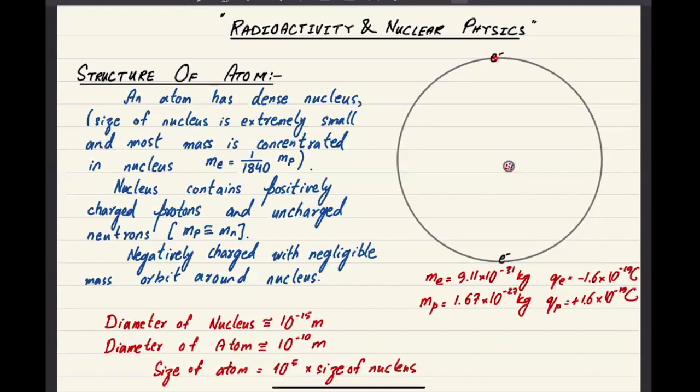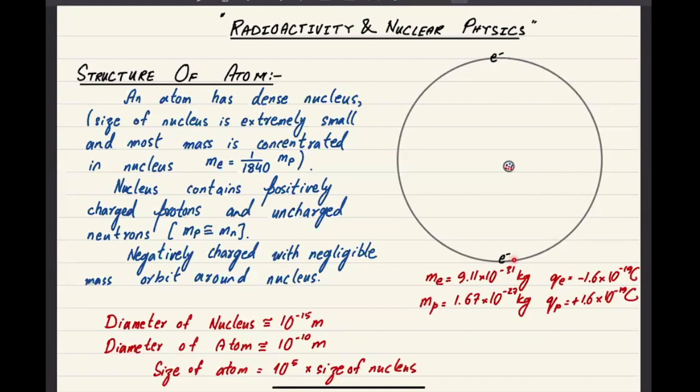For a neutral atom, the charge of electron is equal to the charge of proton. The masses are different, but their charges are equal. So for a neutral atom, if it's not an ion, the number of protons must be equal to the number of orbiting electrons. So you will say that the atom is neutral.